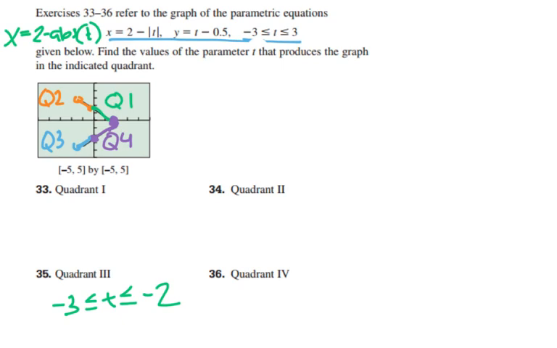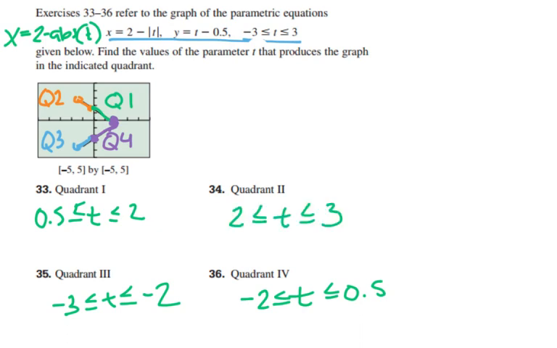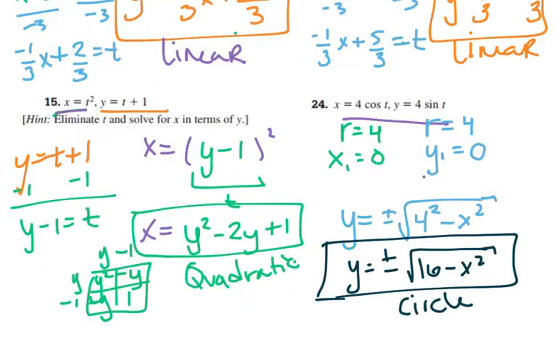Oh, so it's between 0 and 1, so maybe 0.5? Yep. So to get into this quadrant over here in quadrant 4, we need between -2 to 0.5. The next one for quadrant 1 goes to 2, and then the last one is 2 to 3. Alright, done.